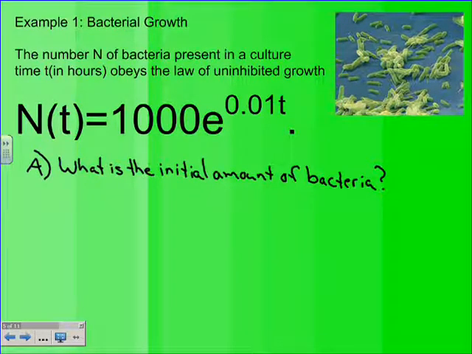Looking at it, can you figure out what that's going to be? Well, there's a couple ways to figure it out. If we're at the initial amount, what's our time going to be? 0, because that's right when we start.